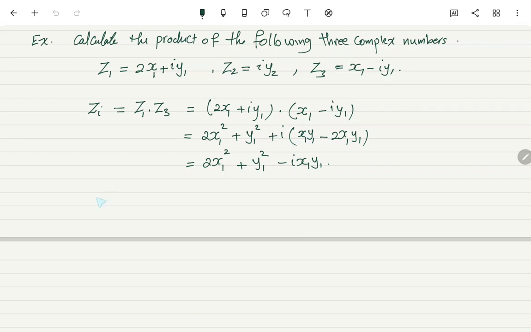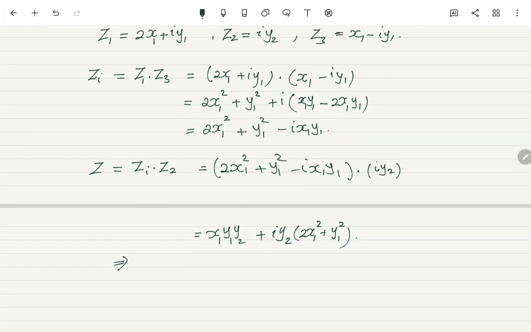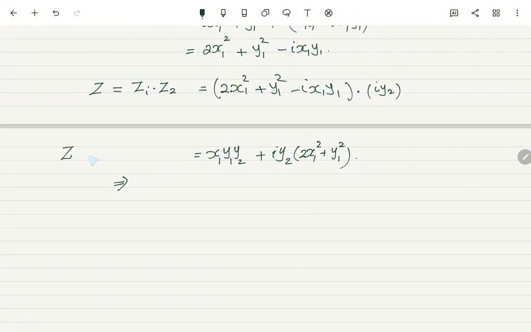Now the final multiplication z is equal to zi multiplied by z2, which equals zi, (2x1 squared plus y1 squared minus i x1 y1), multiplied by iy2, and the result equals x1 y1 y2 plus i y2 (2x1 squared plus y1 squared). Therefore, z here equals z1 z2 z3.